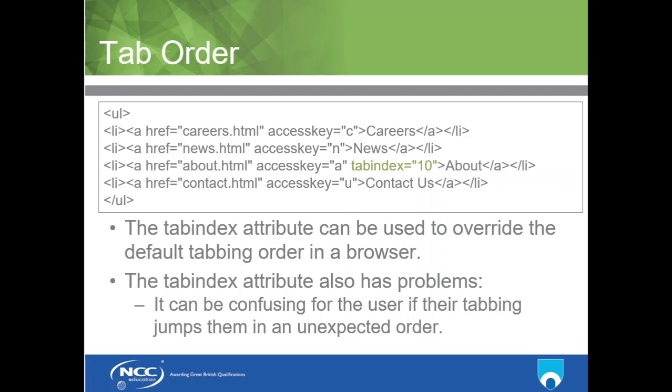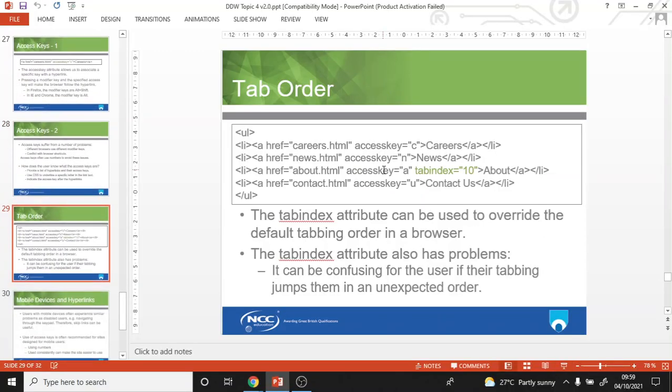In forms, if the user fills the first name, they press tab, you want it to go to the surname, for example. After they're done with the surname, you want it to go to the other. So you can use the tabindex to determine how the tabbing will move about.